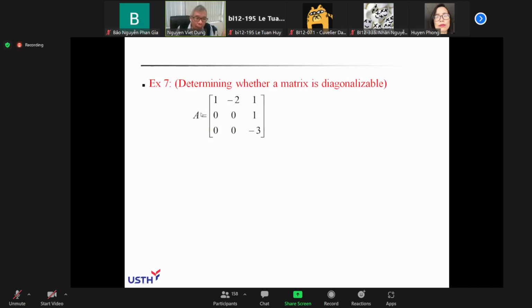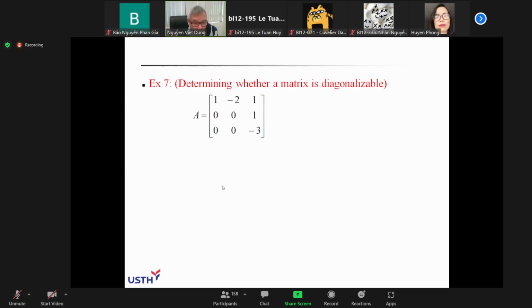Suppose that you are given A to be a matrix like that, and you are required to see if A is diagonalizable or not. It is very easy. You don't need to do any calculation here. The first thing: A is an upper triangular matrix, so its eigenvalues are the entries lying on the main diagonal.